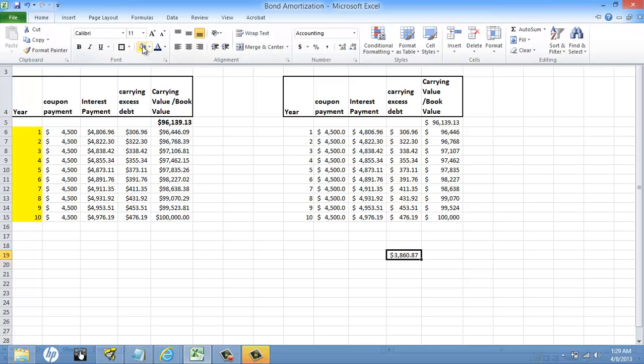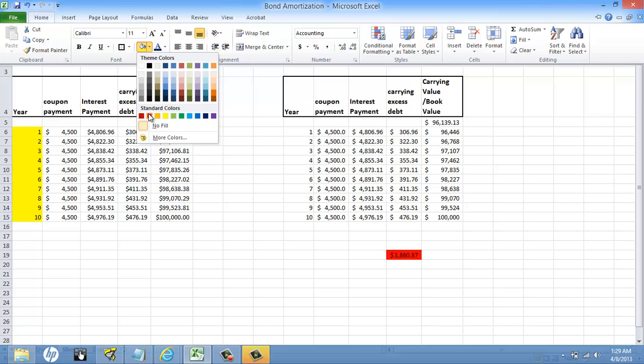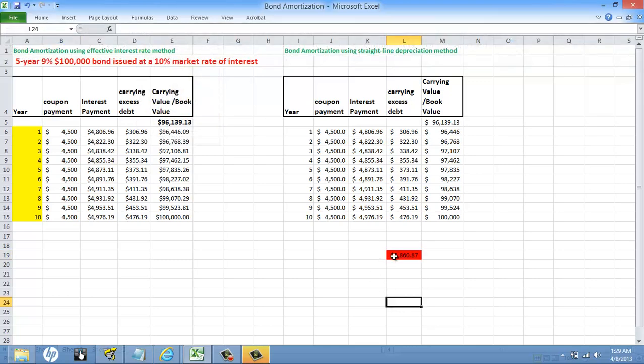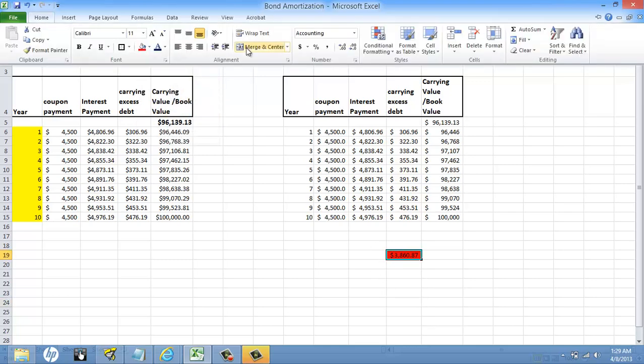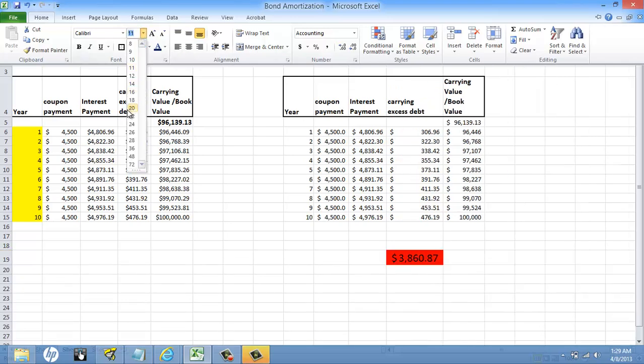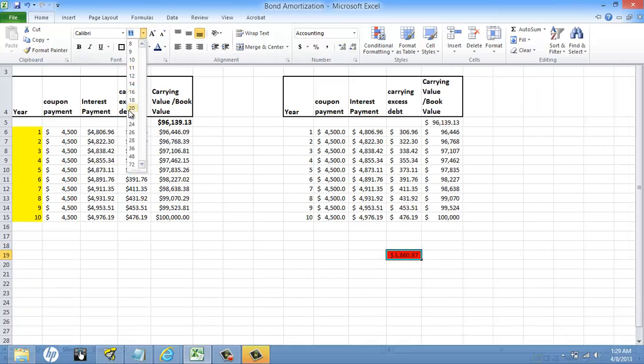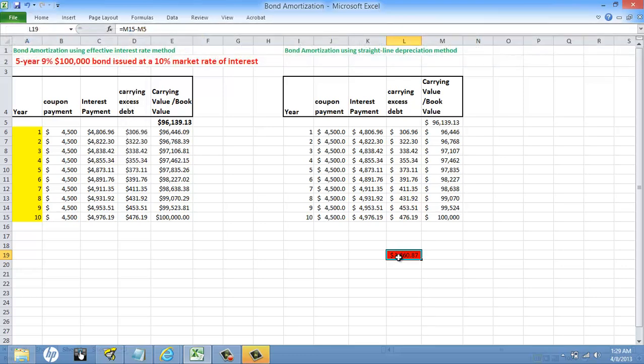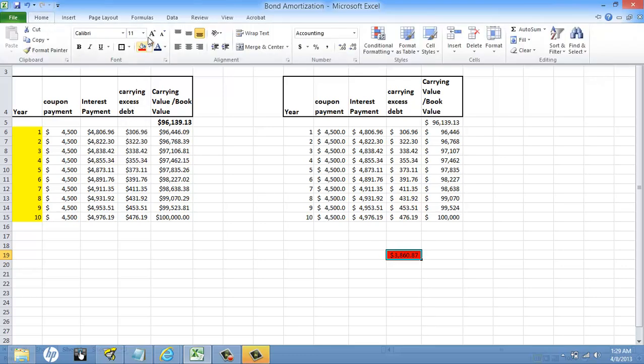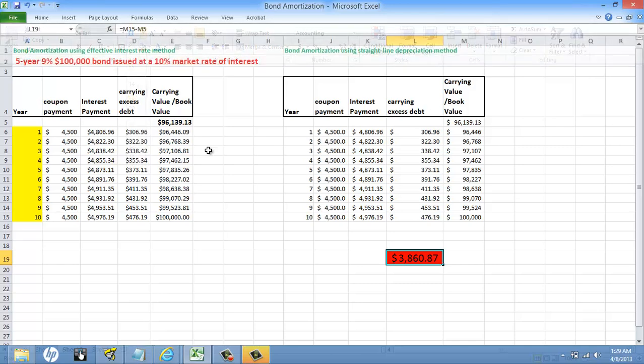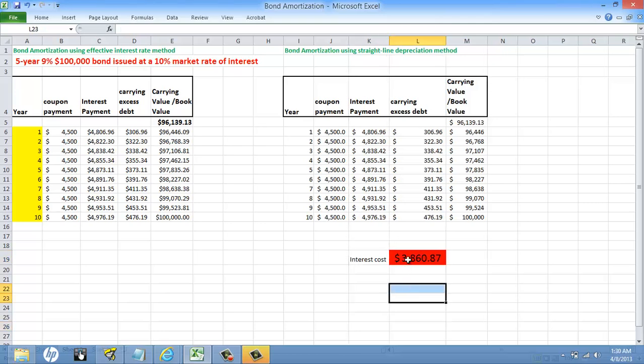Let me highlight this in red. This amount right here was our interest cost.